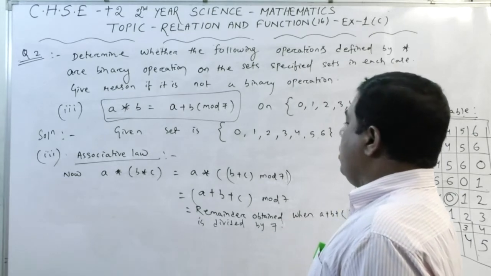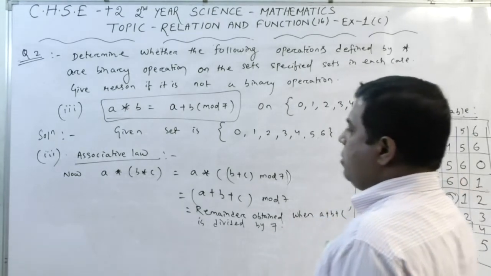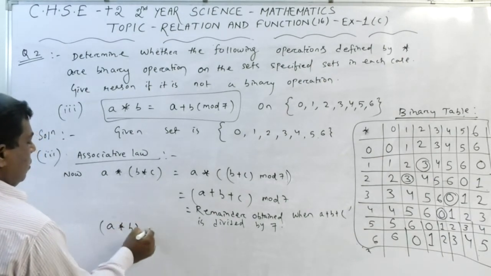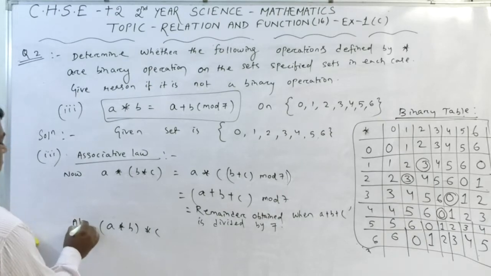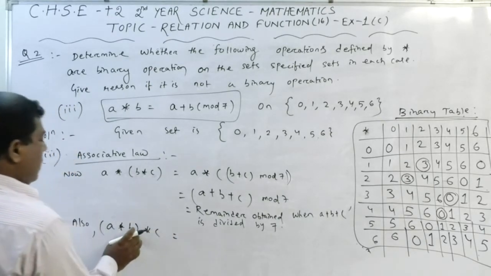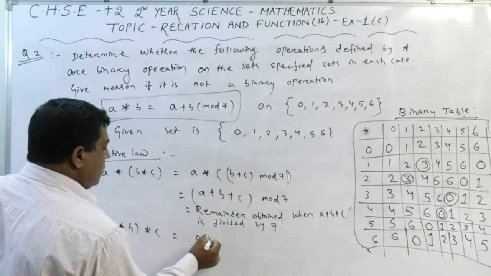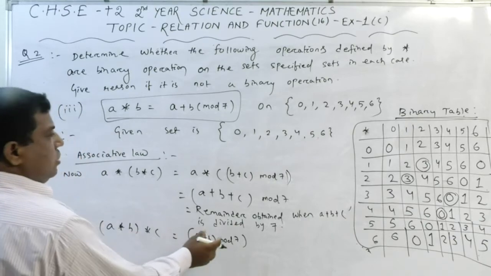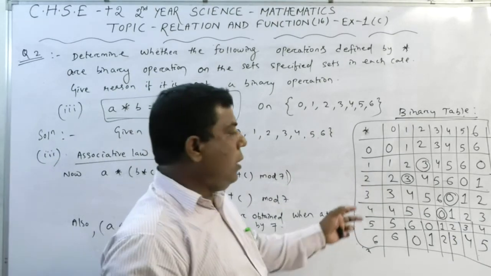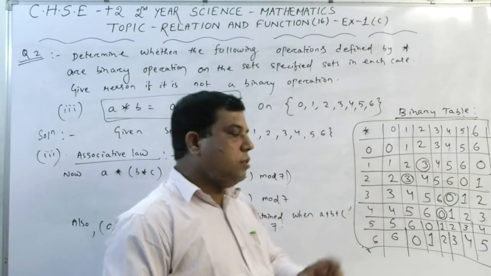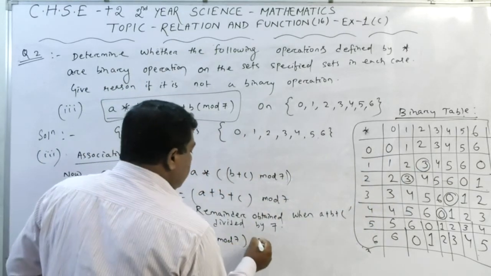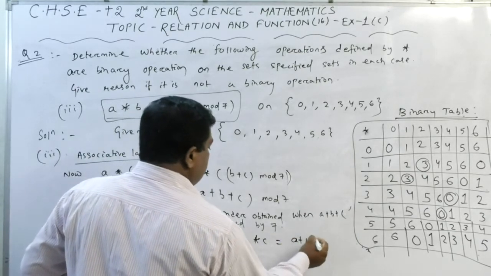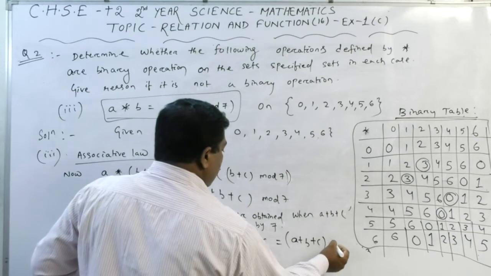Now if we go for A star B star C, what does this result show? A star B means A plus B modulo 7. And for your information, it is a result which lies between 0 to 6, operated with C. So it is the same, A plus B plus C modulo 7.